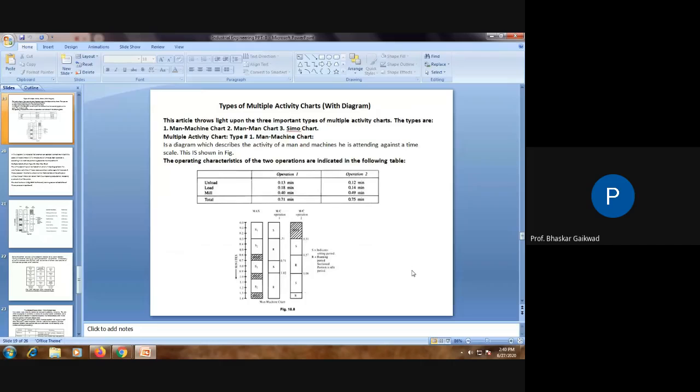Now the next part, that is the multiple activity charts. Here the importance is in the man and machine activity. For example, an automatic lathe machine is there. One man can handle more than one or two machines, or man to man activity, it has been noted.